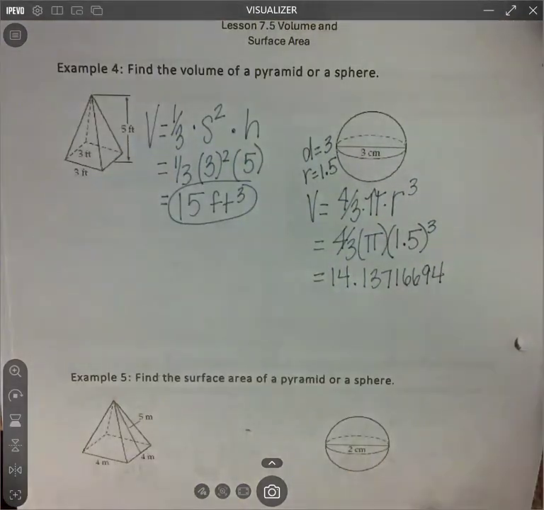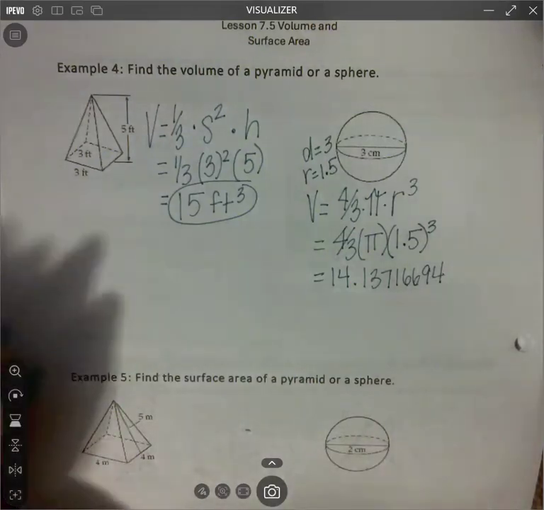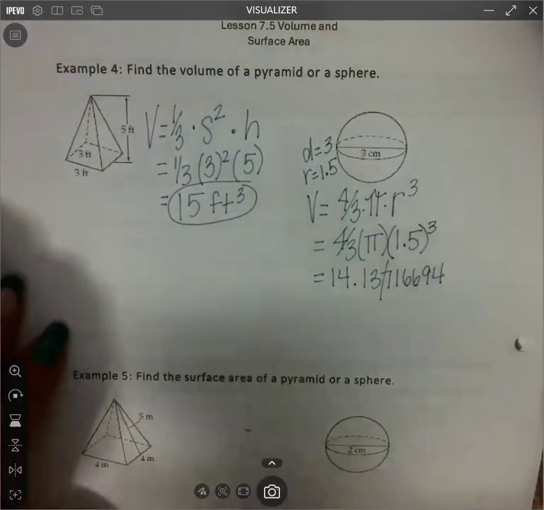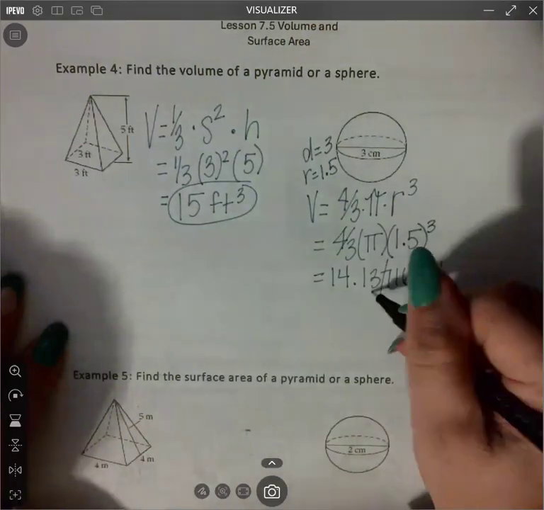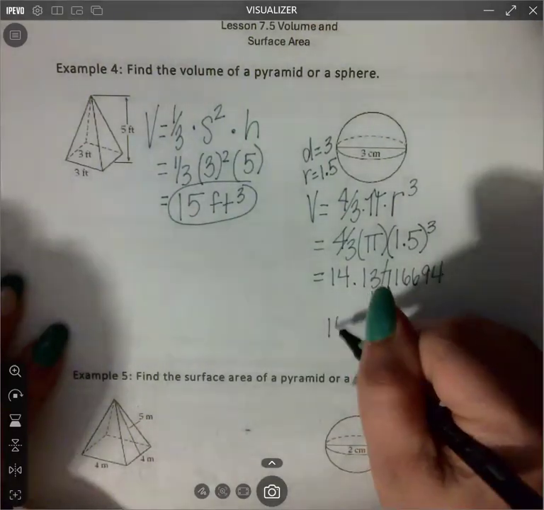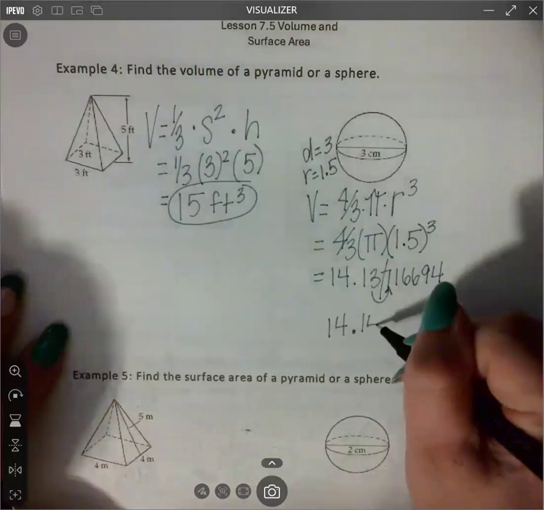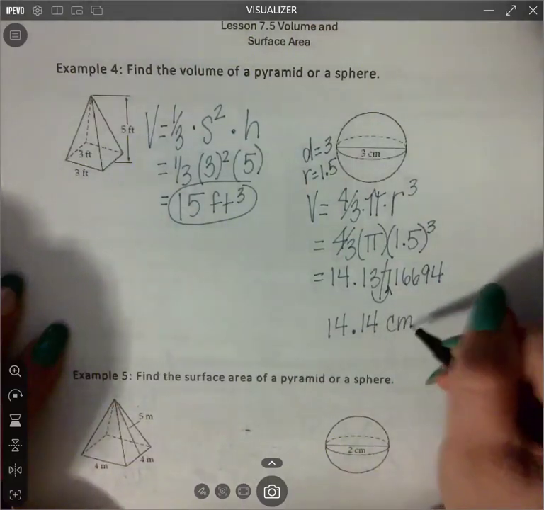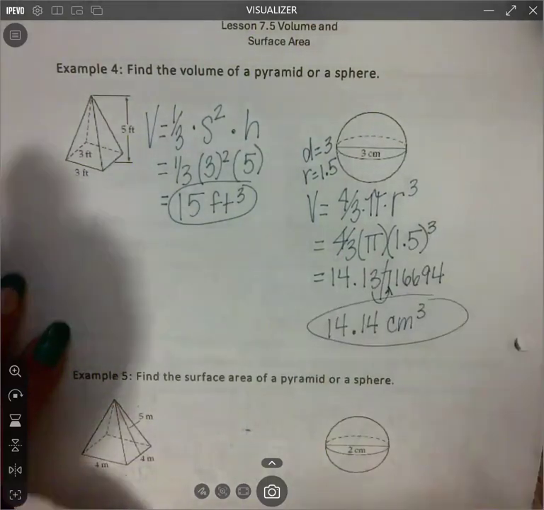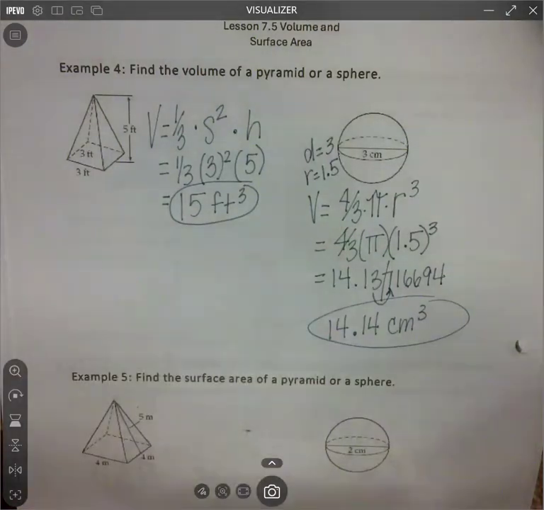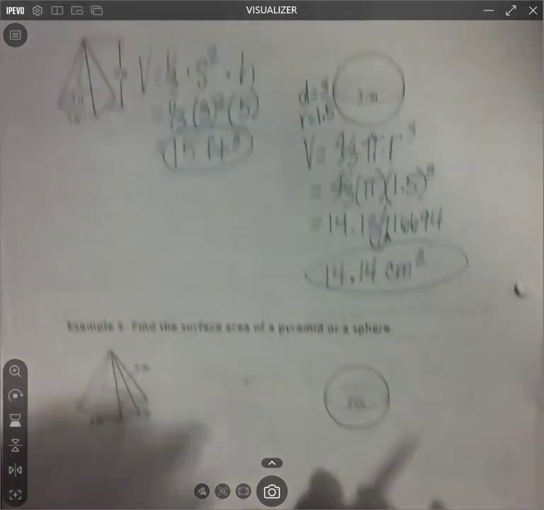This one doesn't ask us to round to any certain value. So my rule of thumb is always 2 decimal places. So 14.14 centimeters cubed. Again, if the problem asks you to round it to a certain one, do round to that.